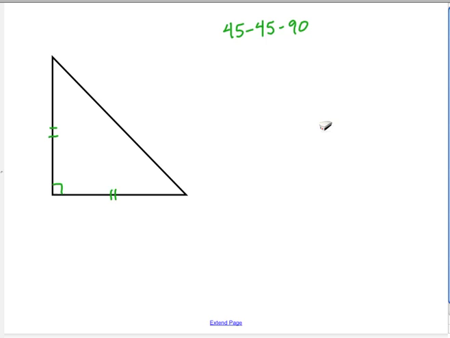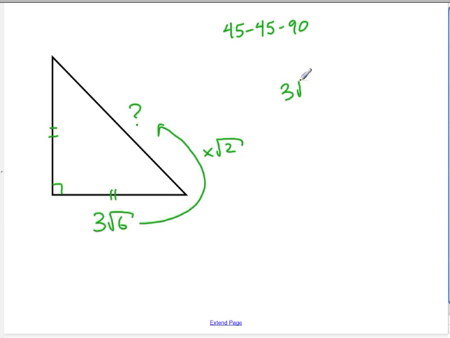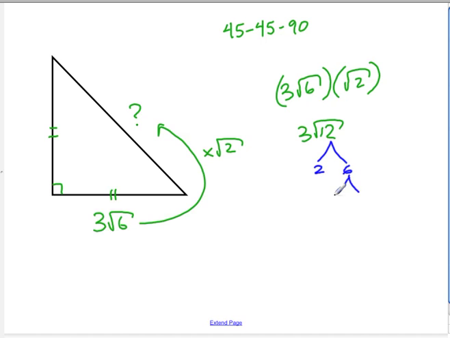So if this is 3 times the square root of 6, and we need to find that, so we just go 3 times the square root of 6 times the square root of 2. That would be 3 times the square root of 12. And then, of course, I would want you to simplify that. 12 would be 2 and 6. 6 would be 2 and 3.